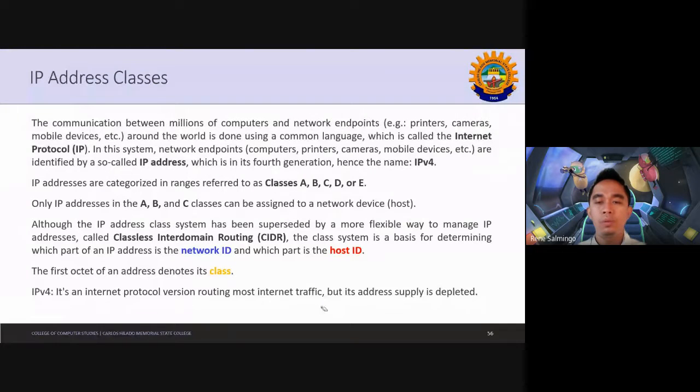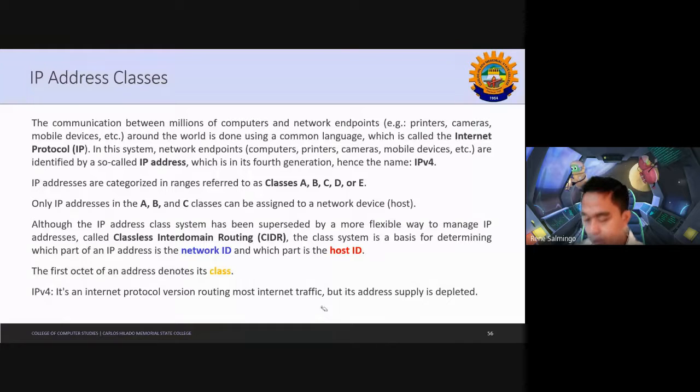Although you also need classless inter-domain routing. This is the system basis for determining which part of the IP address is the network ID and which part is the host ID. We call it CIDR notation. Later, we'll have an example on the CIDR notation.